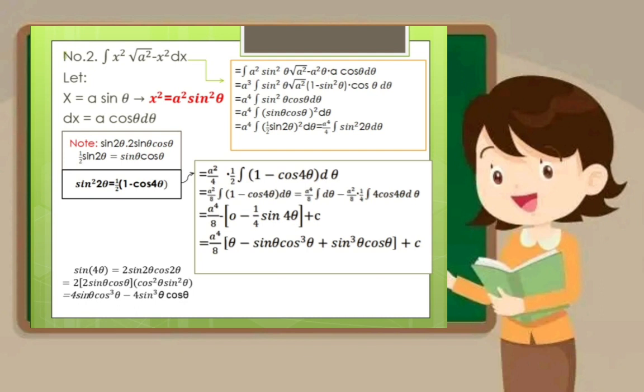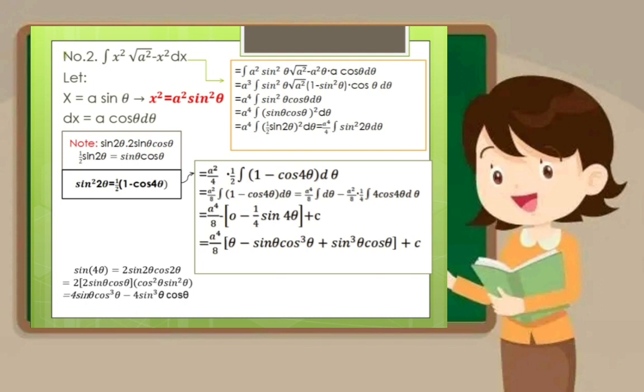We have the integral of x², which is a² sine squared of theta, times the square root of a² minus a² sine squared of theta, and we have dx as a cosine of theta d theta. So we have a² here and we have a here.